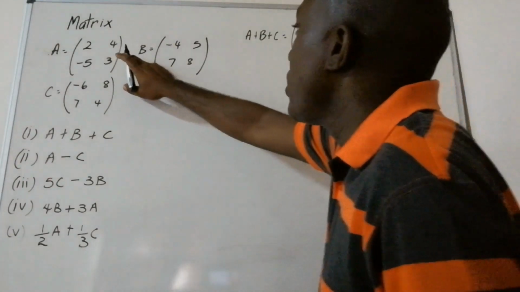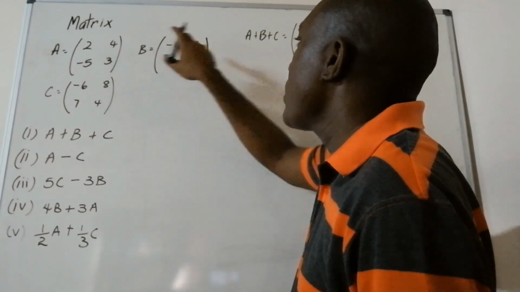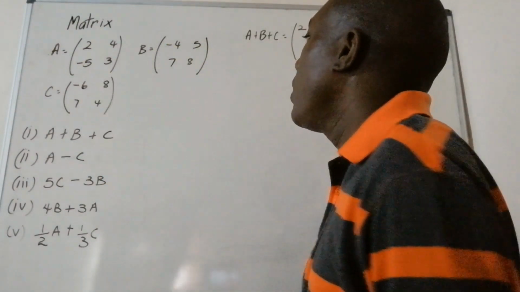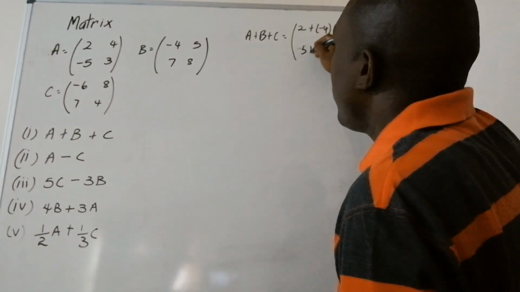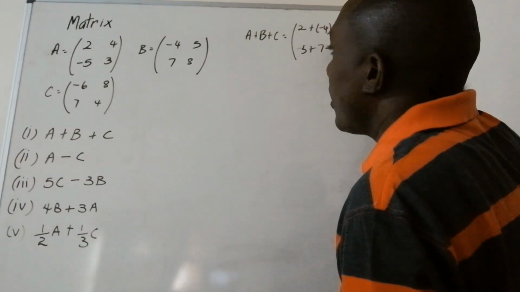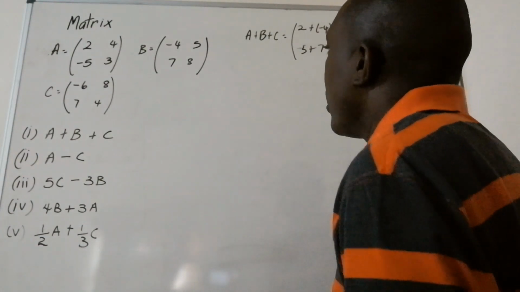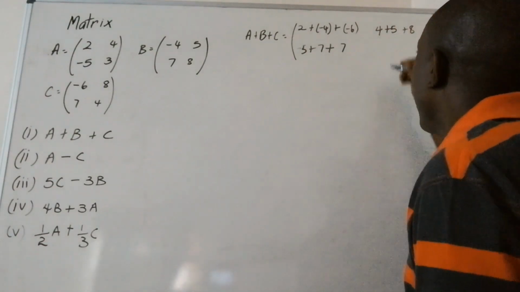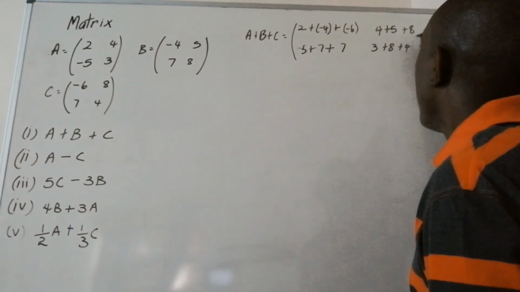Similar position: first row, first column, then first row, second column, then second row, first column: minus 5 plus 7 plus 7, then 3 plus 8 plus 4.